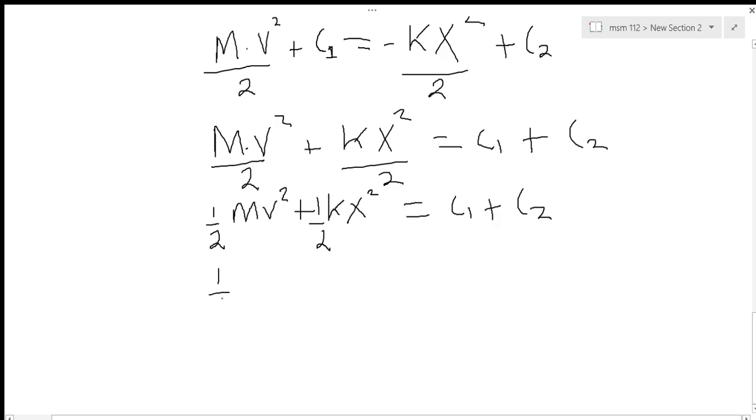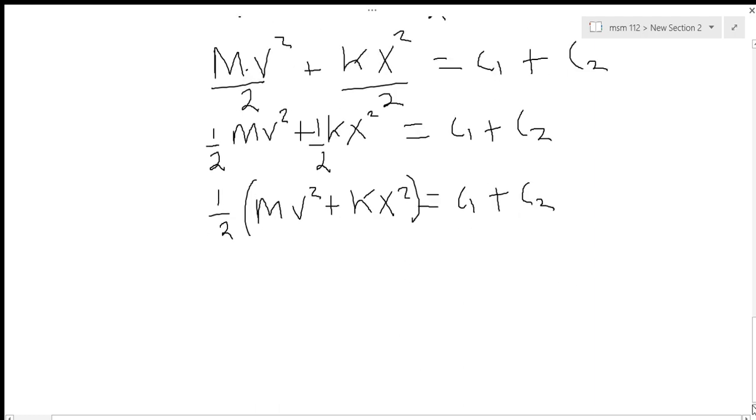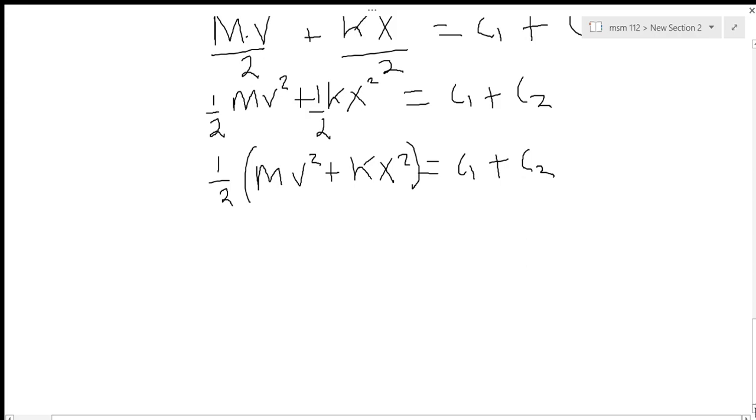So half, this will be mv squared plus kx squared is equal to C1 plus C2. So doing this, then I can give you a hint like this: velocity.